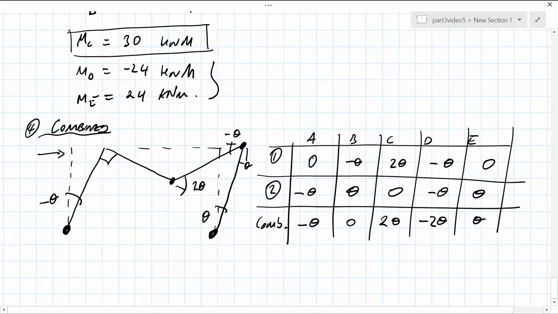We have both horizontal displacements at B and vertical displacements at C, under the loads 16 lambda and 8 lambda.